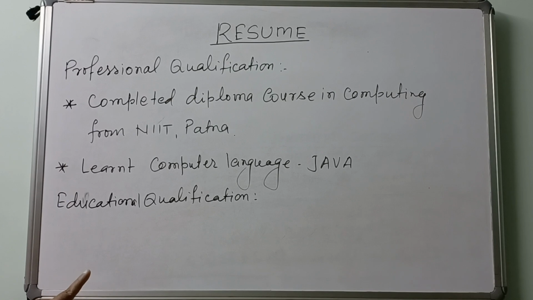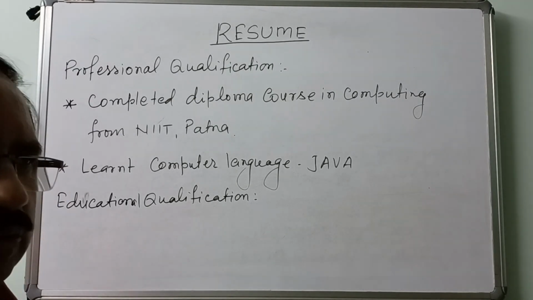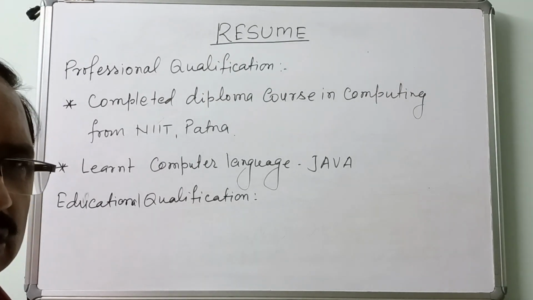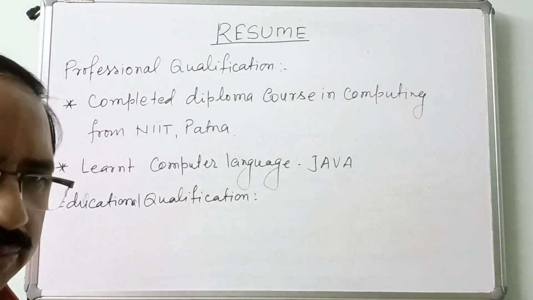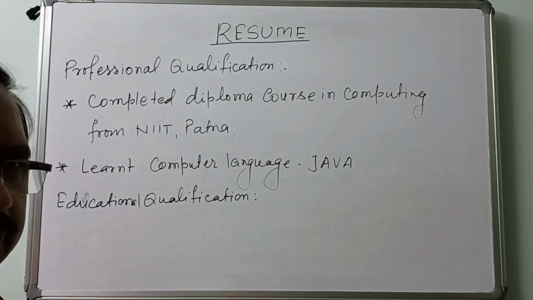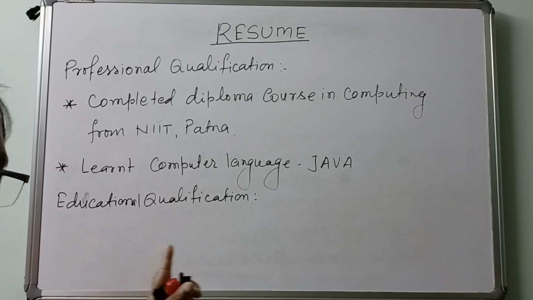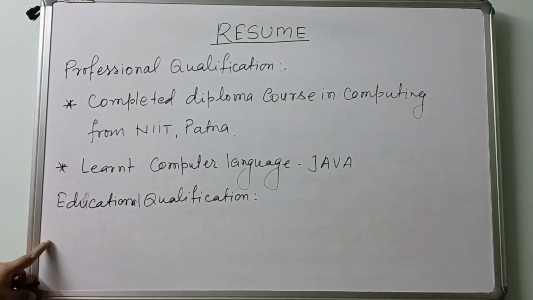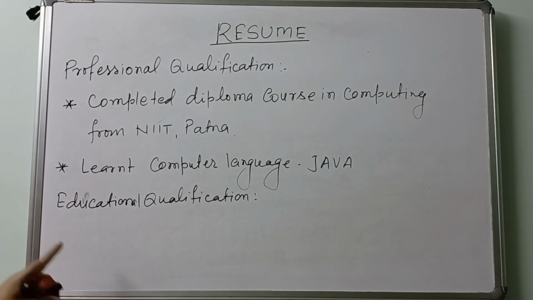If it is provided in the question that you are a science graduate, or you have already completed your commerce, or you have completed your BTech, whatever the question is, you will give qualification as per that question. But usually I find that questions are very simple.